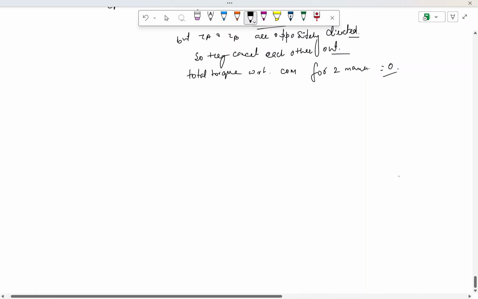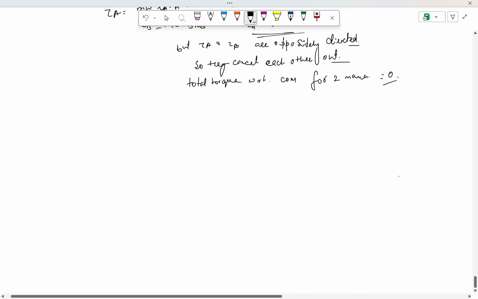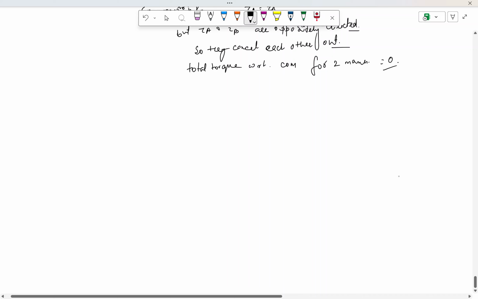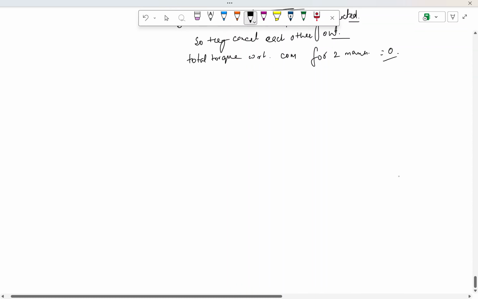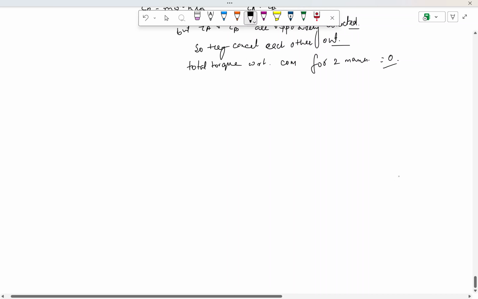And now for further complication in the same problem, if you also introduce the other two masses out of these four masses, the same rule will be followed, and the center of mass for the other two masses will also be such that the torque about the center of mass for the rest two masses, C and D, let's say, will also be 0.